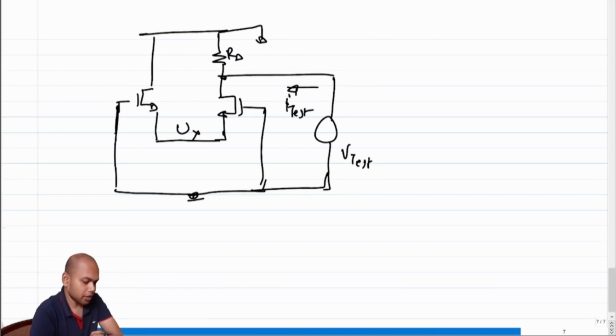Okay, so let's do it in two ways. In one way, let's neglect the channel length modulation, right? If we neglect the channel length modulation, what do you think will be the current that is flowing in? What is the RDS of this device? This RDS is infinite, which means this is out of the picture. What do you think is happening with the gates?